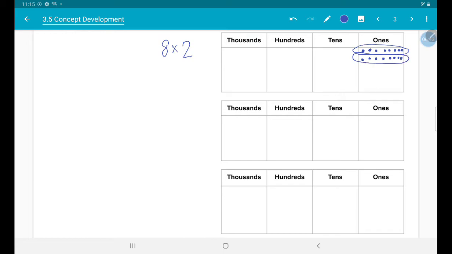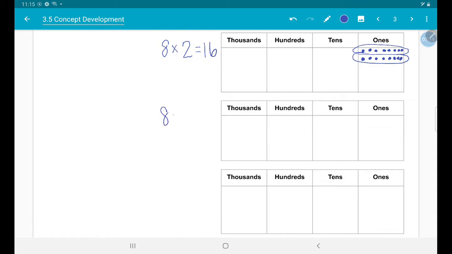Here's a group of 8. If I count those, I've got 1, 2, 3, 4, 5, 6, 7, 8, 9, 10, 11, 12, 13, 14, 15, 16. Of course, 8 times 2 equals 16.